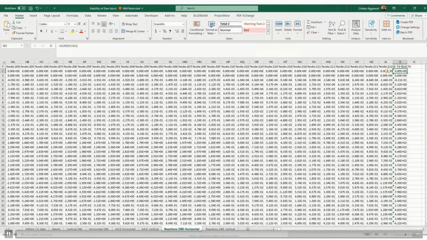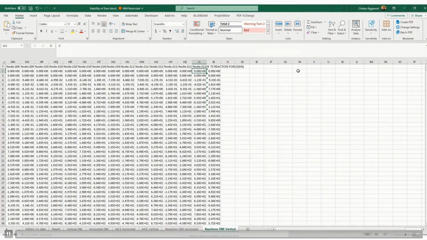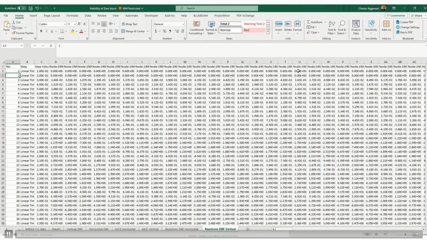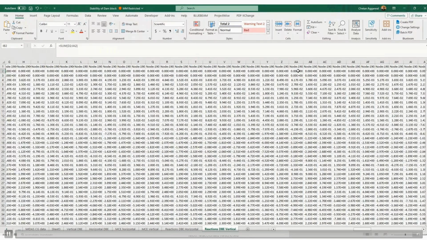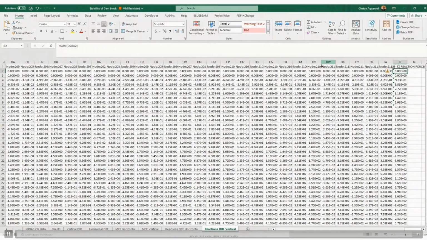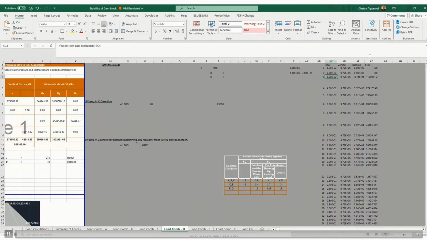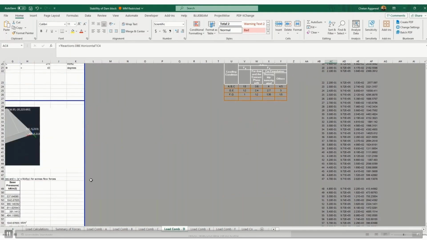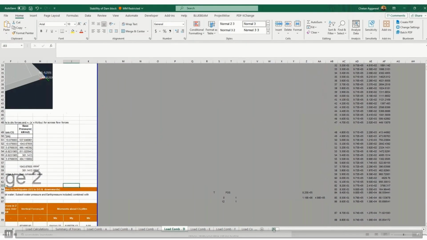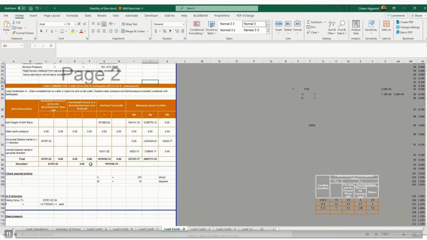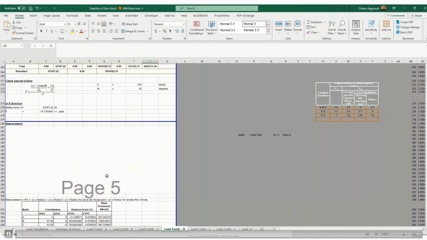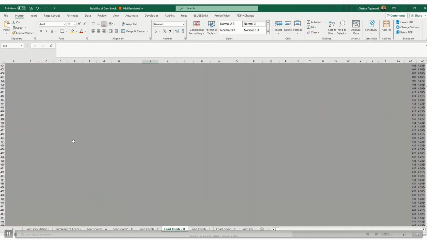Similarly for vertical reactions also, I'll compile it in a similar way, and then sum it for all the time cycles. So that way I can find out the sliding force as well as the vertical force for various time steps of the time history, and then I can plot this factor of safety versus time history, like it has been done here.